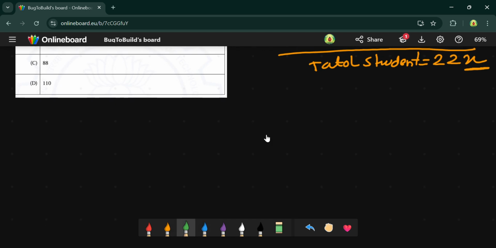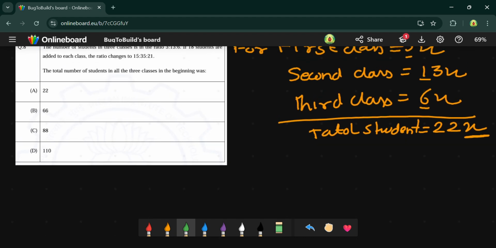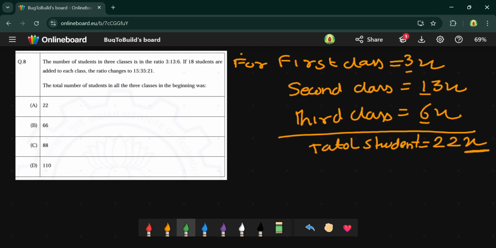There is one more condition given. After adding 18, I will take the first two ratios. You can take any of these ratios, but I will take the first two.